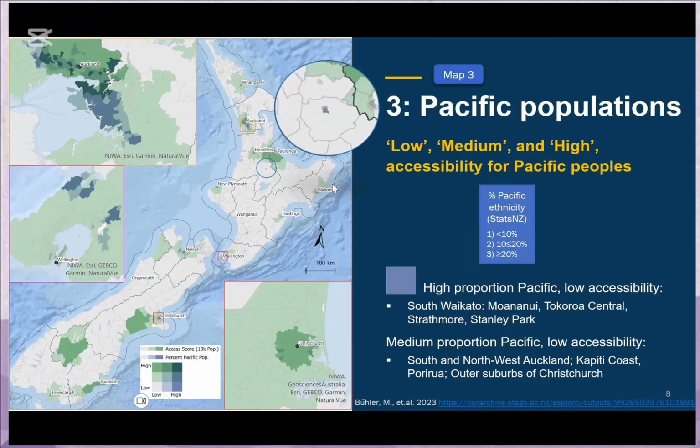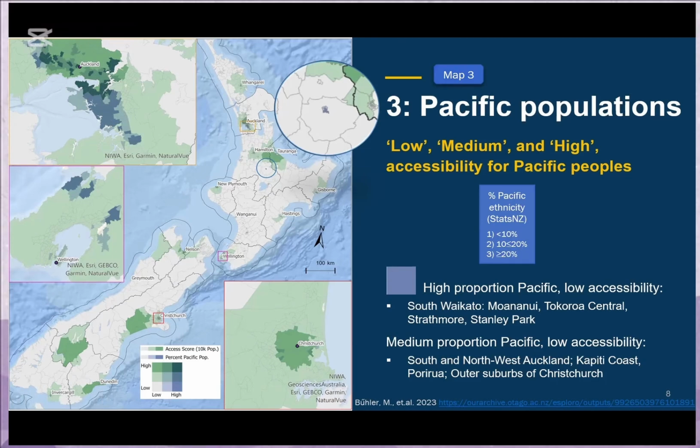For Pacific population, again looking at the legend, areas of low physiotherapy accessibility, high proportion Pacific, again this deep blue area, are primarily concentrated in a couple of small rural communities. Pacific people overall are more concentrated in large urban areas where there's also more large public hospitals. So there's fewer poor accessibility areas that show up.